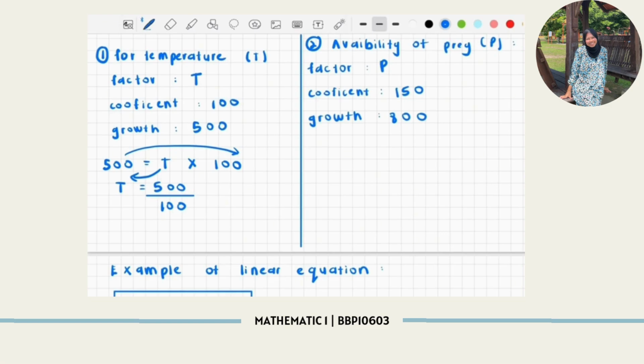So when I move each to the other side, it becomes the divide sign, because here we have the multiply sign. So the answer is T equals 5, which means the temperature is increased by 5.